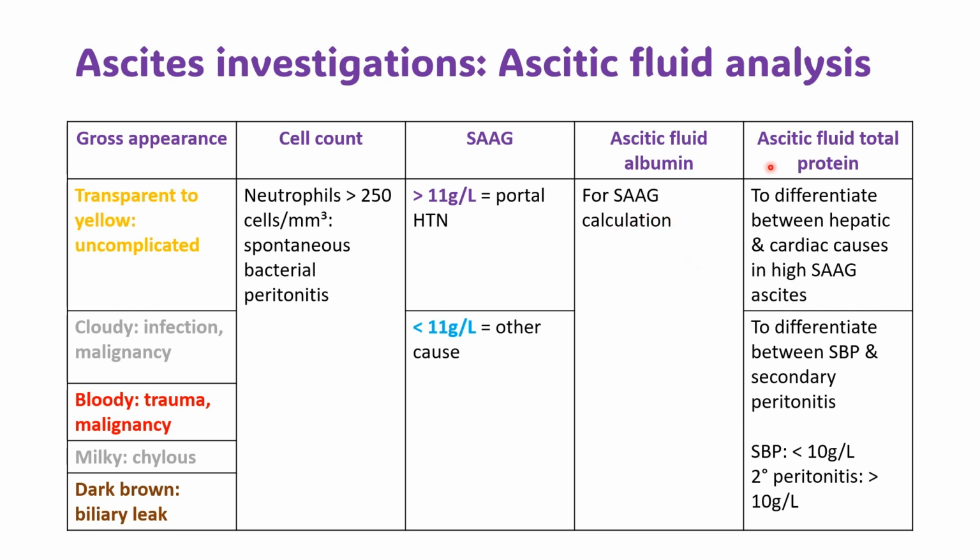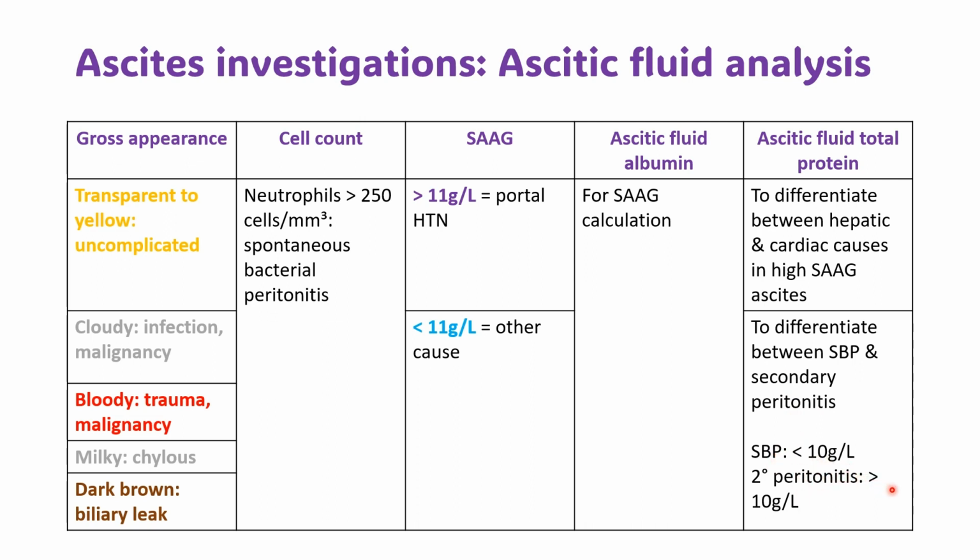And then we can look at the ascitic fluid total protein. This can be used to differentiate between hepatic and cardiac causes, because remember, when we're thinking about the integrity of the sinusoids within the liver, are they scarred or not? And then it can also be used to differentiate between spontaneous bacterial peritonitis and secondary peritonitis. The total fluid protein in SBP is less than 10 grams per litre.